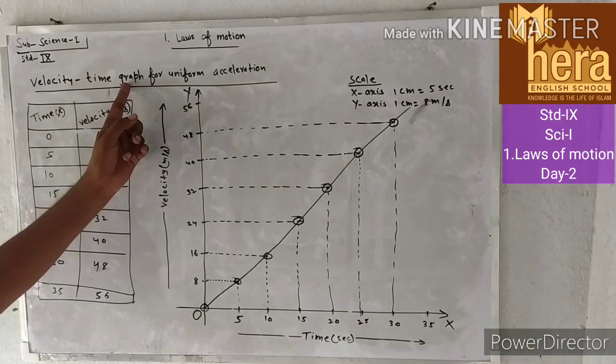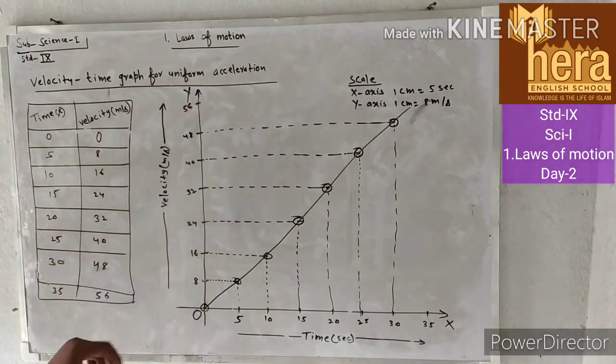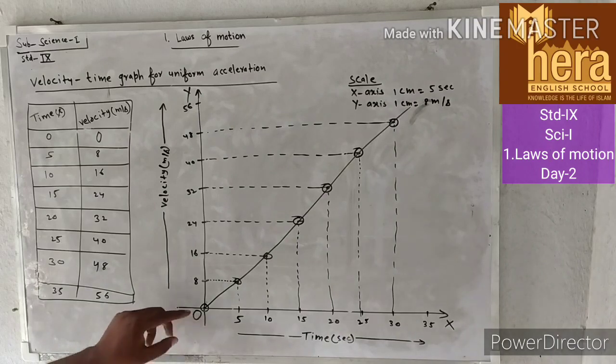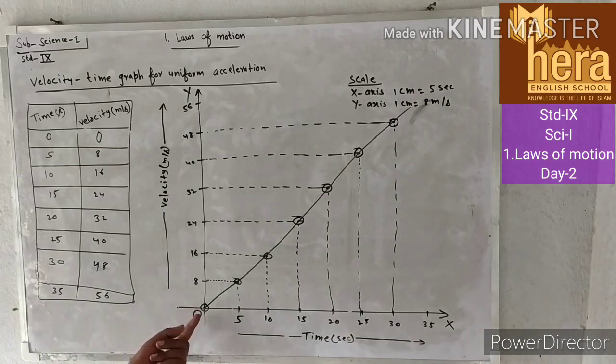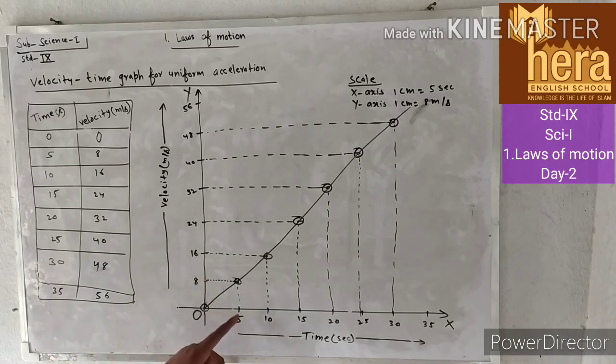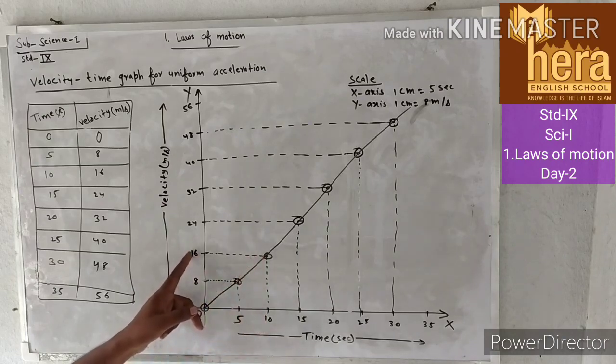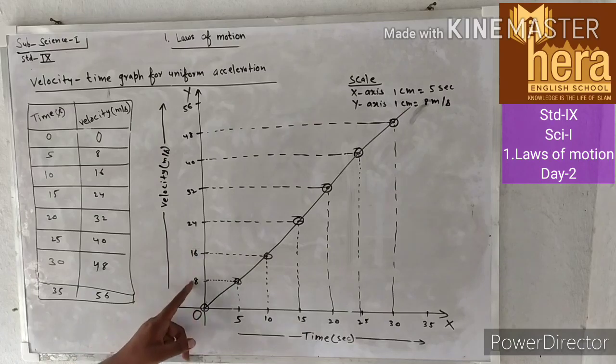And this is called uniform acceleration, since from 0 to 5 seconds, velocity changes from 0 to 8. From 5 to 10 seconds, velocity was 8 meter per second, and finally at 10 seconds it became 16. So change in velocity is 16 minus 8, equal to 8 meter per second.